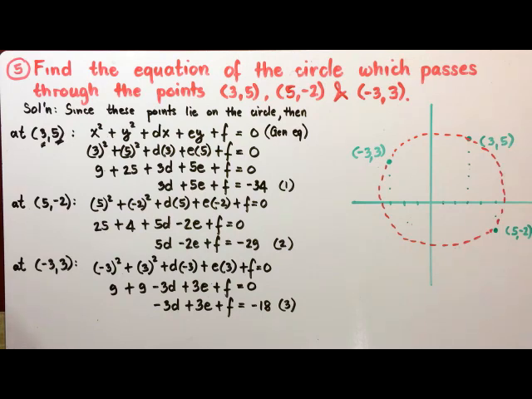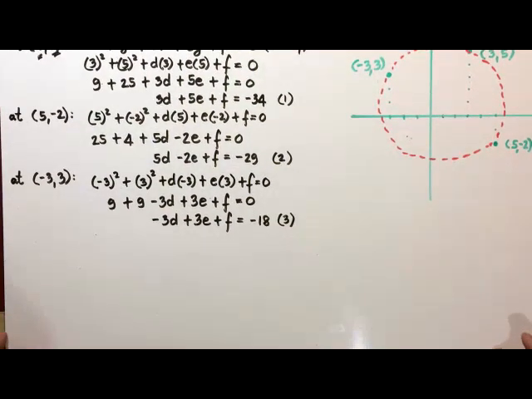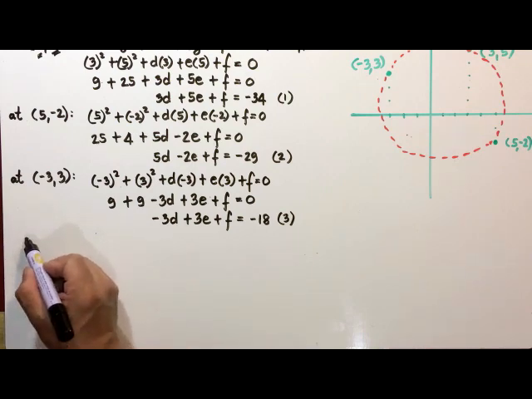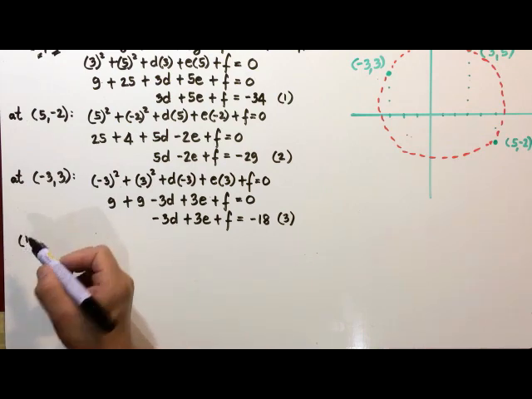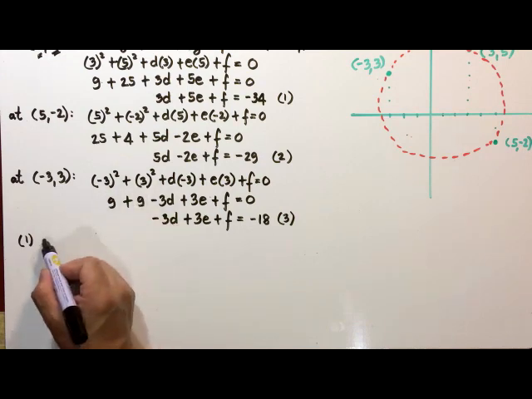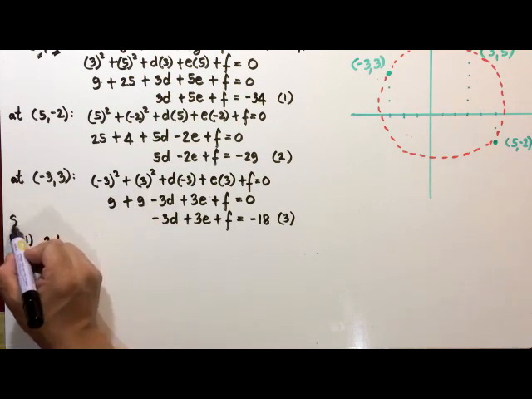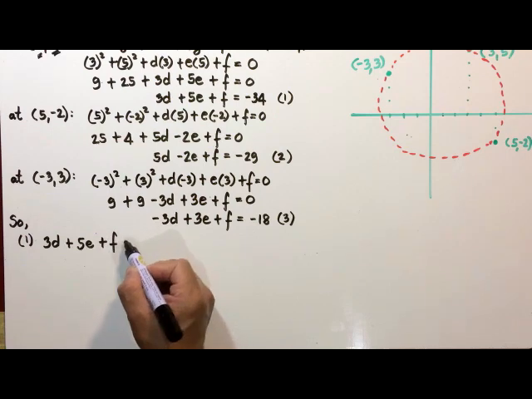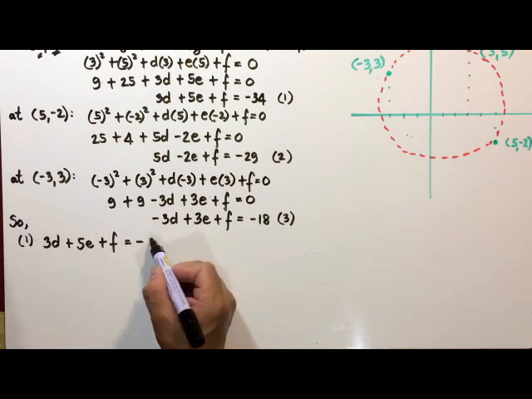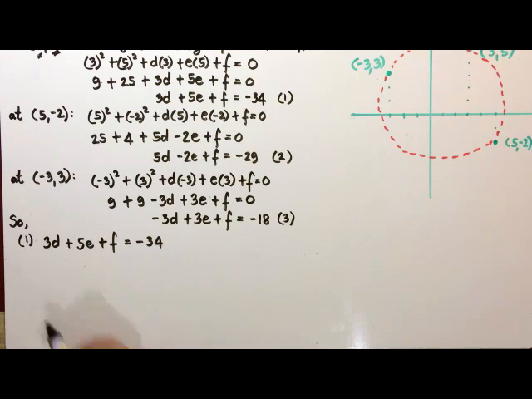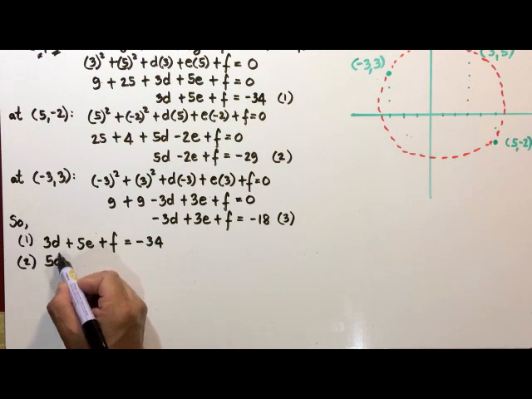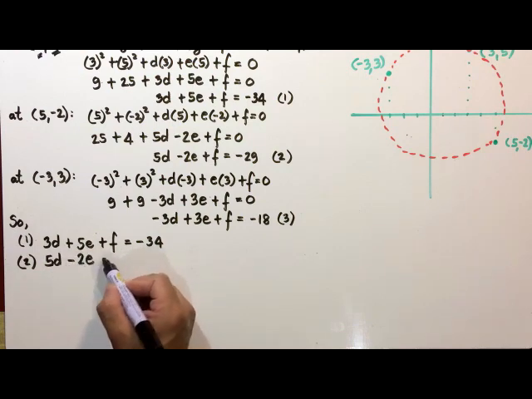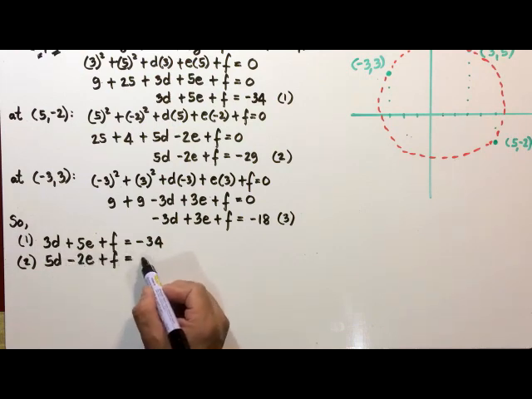Now, what I will do is write again here my equation 1, 3d plus 5e plus f is equal to negative 34. And my equation 2, 5d minus 2e plus f is equal to negative 29.